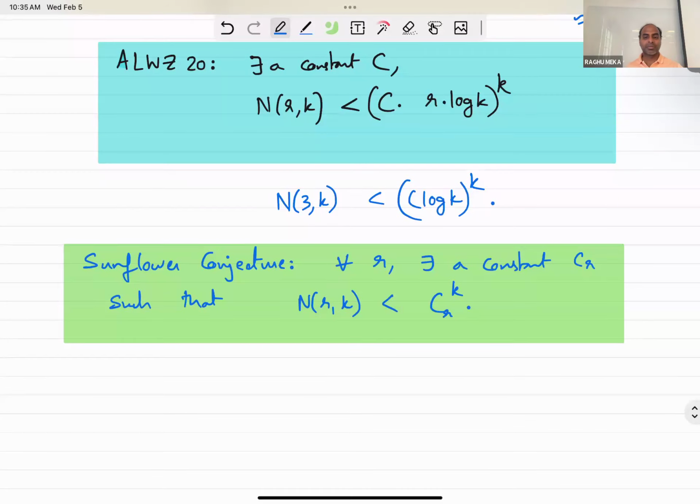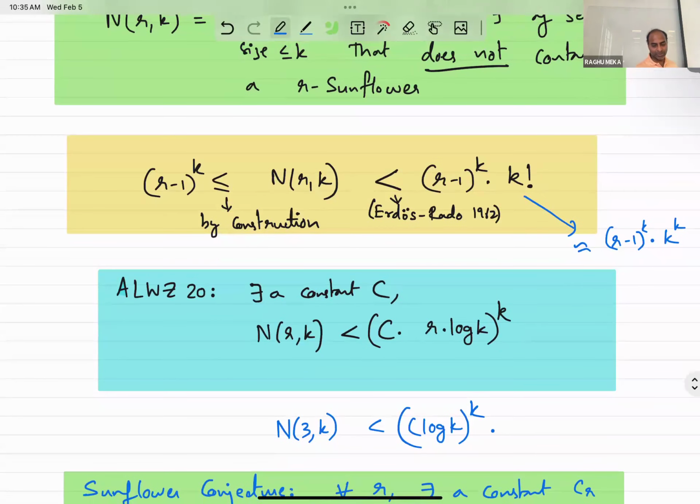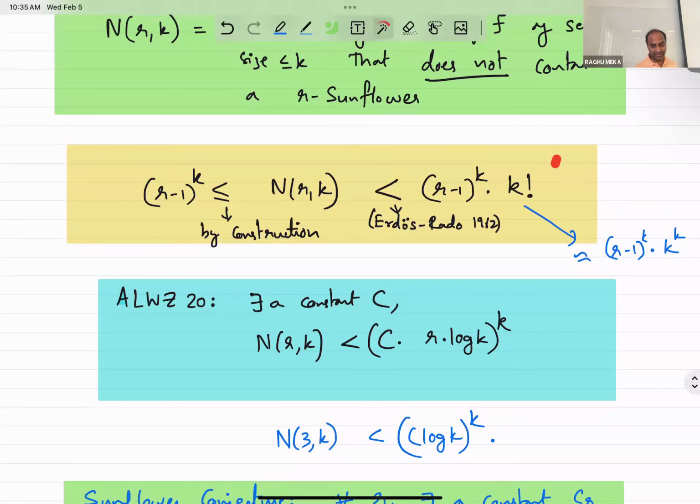So this is the conjecture. That for every r, there exists some constant such that as long as I have exponentially many sets, you will find a sunflower of size r. This is open even for r equals 3, but this paper made a lot of progress towards proving this conjecture, improving the known bounds significantly. We were stuck at this for like 60 years, and then there was this dramatic improvement. And that's what we're going to talk about in today's lecture and the next lecture.